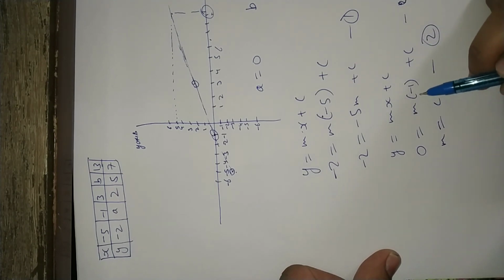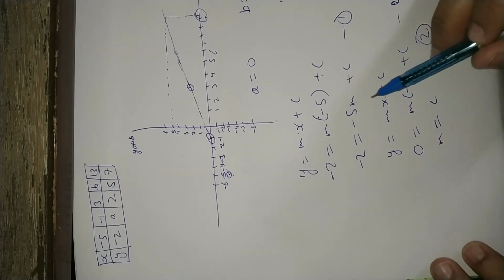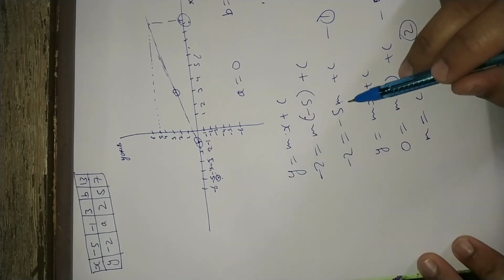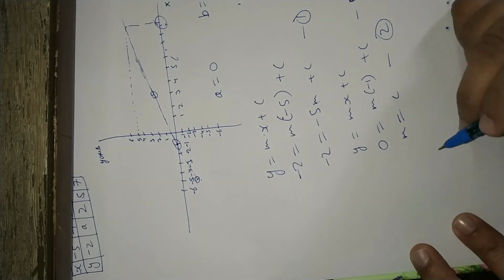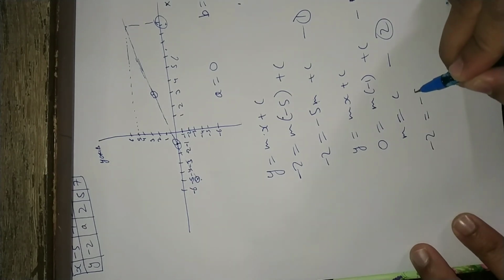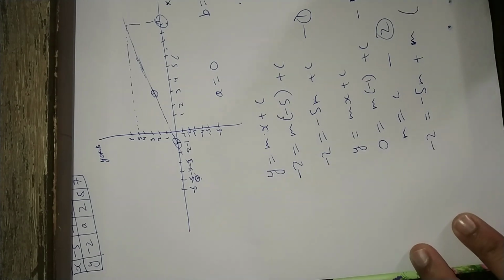This will become minus m, and on that side it will become positive. Just put this value here. Just replace c by m. So minus 2 is equal to minus 5m plus m.